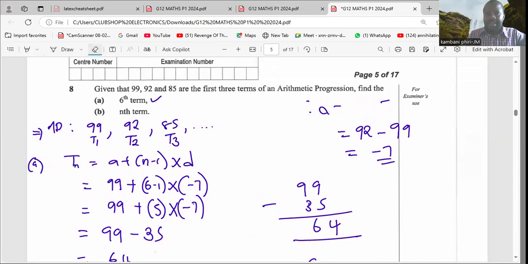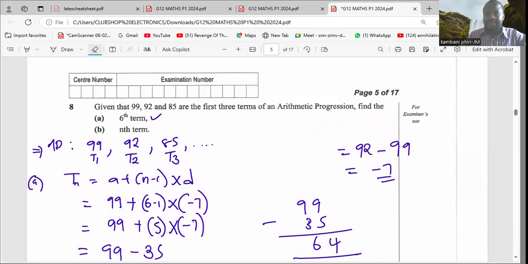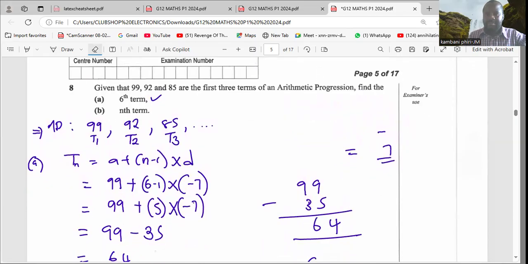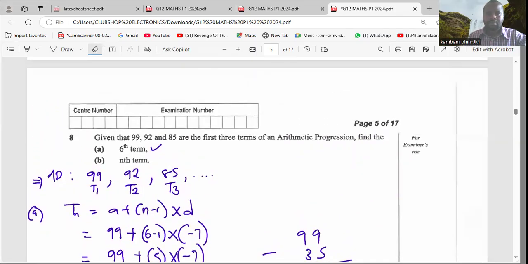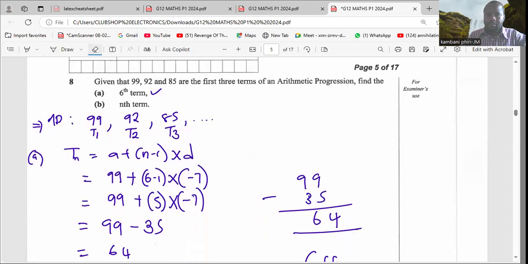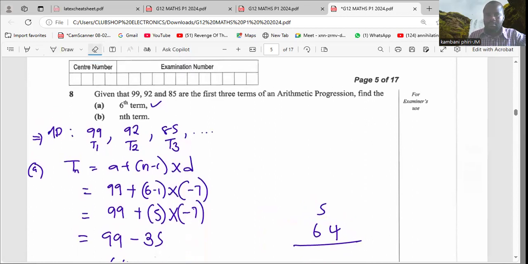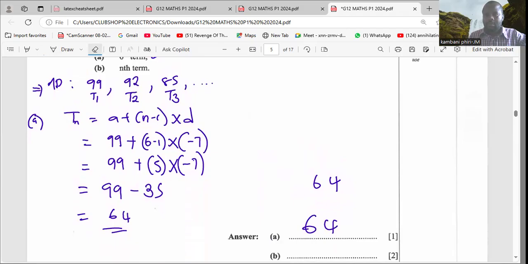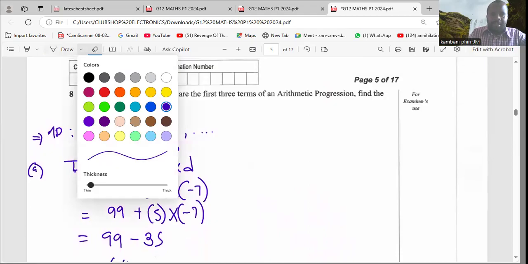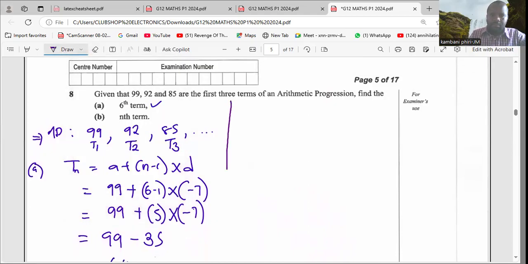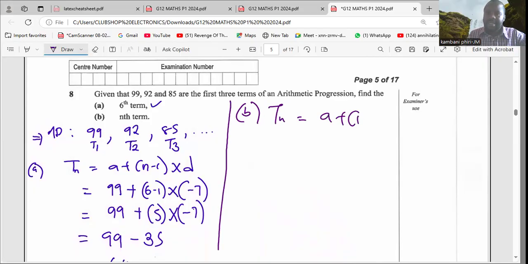The next question is find the nth term. It's general. In other words, we want the formula for the nth term. So what's the formula? So for B, we'll say Tn is equal to A plus n minus 1 times D. This is a general formula for all AP.